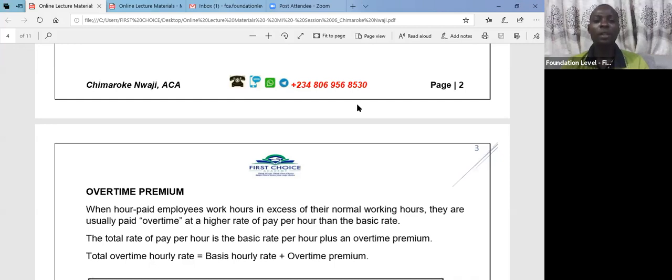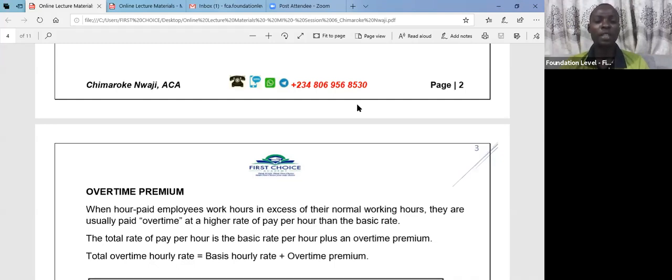What is overtime rate? Overtime rate consists of two elements. It consists of the basic wage rate that you normally pay during normal working hours. It also contains a small premium called overtime. That's why the overtime rate is higher than the normal basic wage rate.